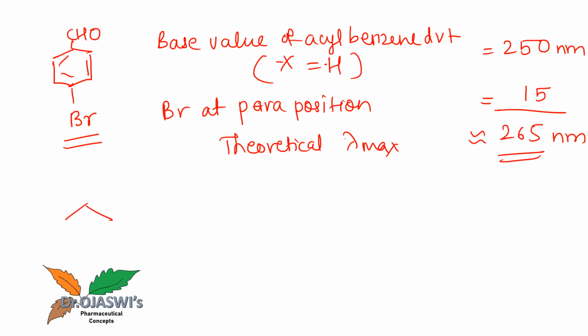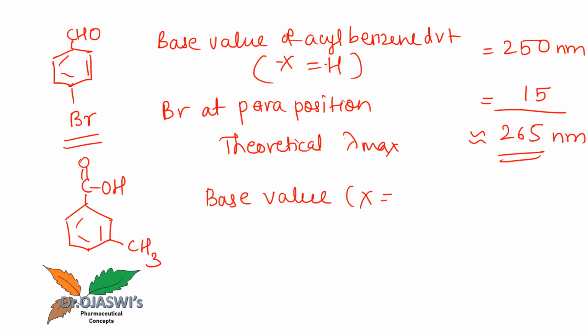Similarly, if I have this compound, suppose this is COOH and then CH3 over here. The base value of the acyl benzene derivative where X is equal to OH, in that case I am writing the base value as 230 nanometers as per the earlier slide.